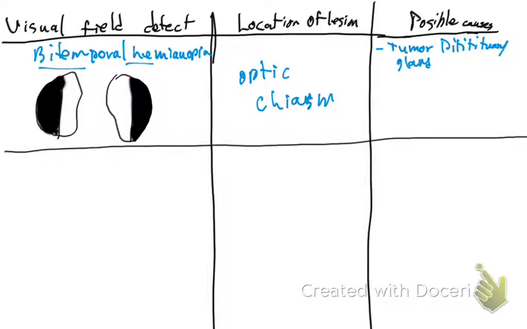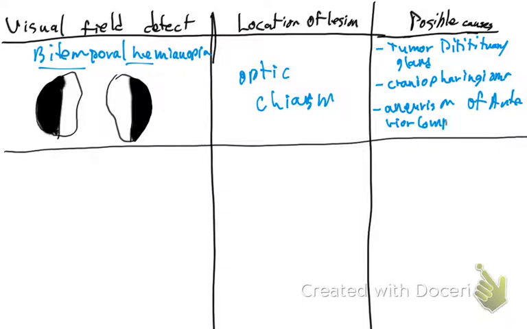What else do you think can cause this? Any craniopharyngioma, which is another mass, a tumor. Also an aneurysm of the anterior communicating artery.